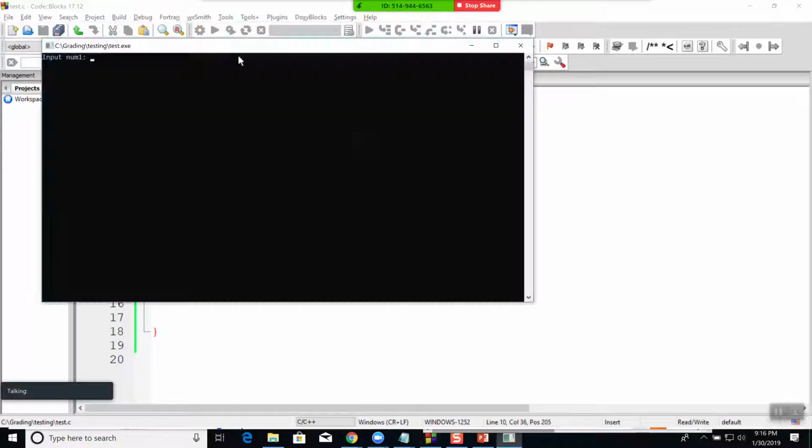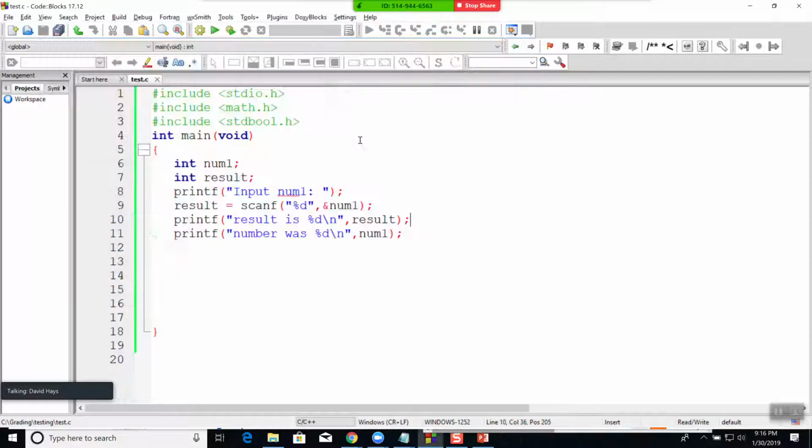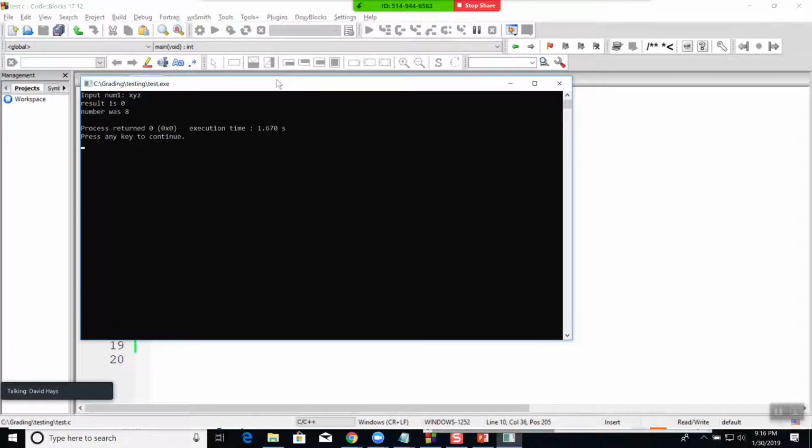If I run that, I put in 3. Looks like a good result says is 1. So 1 may indicate that everything's fine. Let me run this. XYZ, result is 0. Now I'd want to do some more checking before I officially programmed it, but that would imply that if my result is 0, they entered some garbage data.